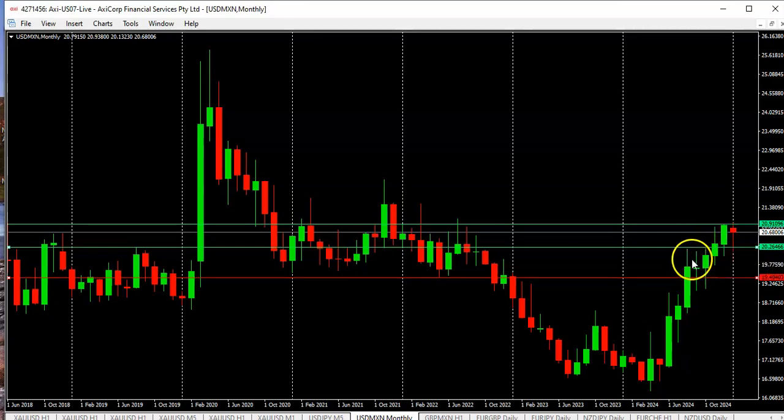So now you have a past resistance level, historically speaking. See, 1, 2, 3. Past resistance level, potentially now to become future support. All right, but I'm anticipating the market to drop right here.